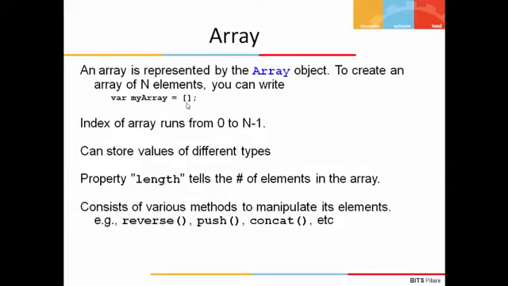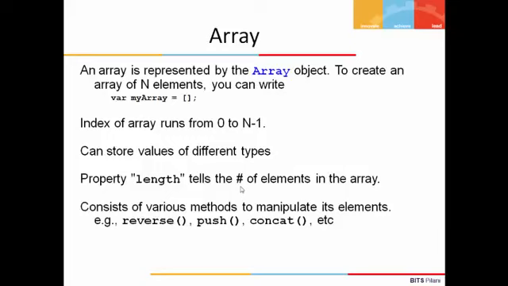You have opening and closing square braces, and in the index you can mention n, where it will run from 0 to n minus 1, representing n elements. But a beautiful property of this array is it can store values of different types. It also has a property where you mention the array name dot length, which will tell you how many elements are there in the array.